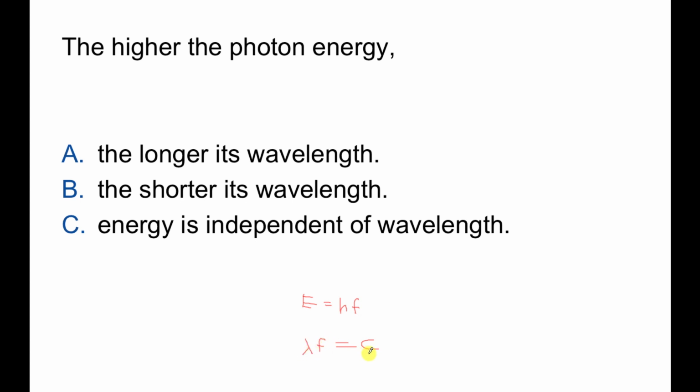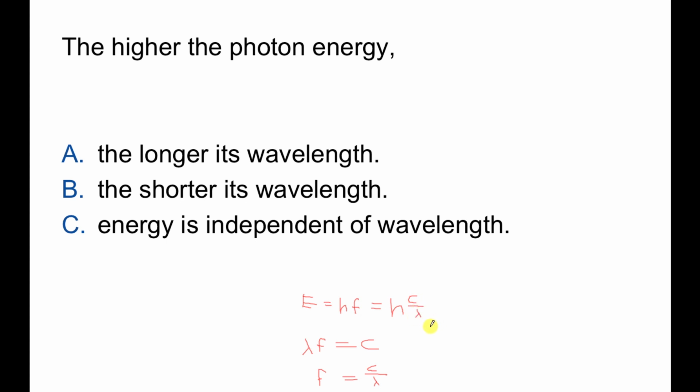So really, you could take this and solve for frequency, f. Let's divide c by wavelength, c divided by lambda. So frequency is the speed of light divided by wavelength. And then you could plug in for frequency up here that energy then is h times frequency, but frequency is the speed of light divided by wavelength.